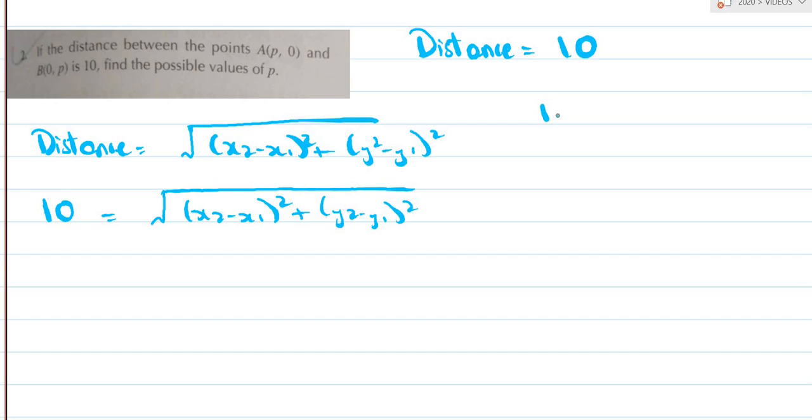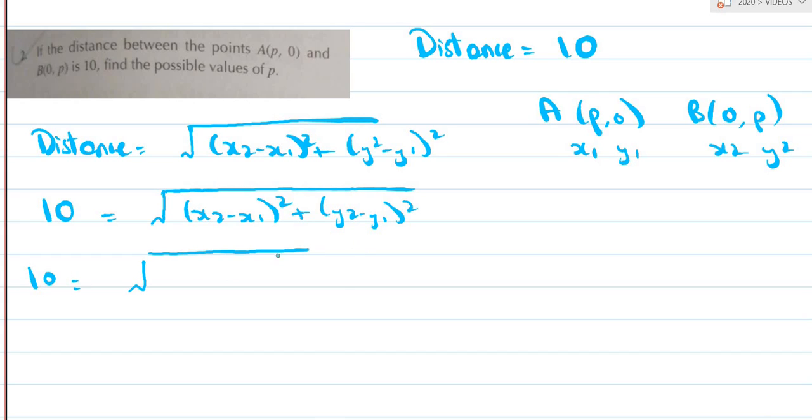Now you have two coordinates, which are p, 0 and 0, p. Label them in order to make things easier for yourself: x1, y1, x2, y2. Now just plug in the numbers. 10 is equal to under root x2 is 0 minus p whole square plus y2 is p minus 0 whole square.